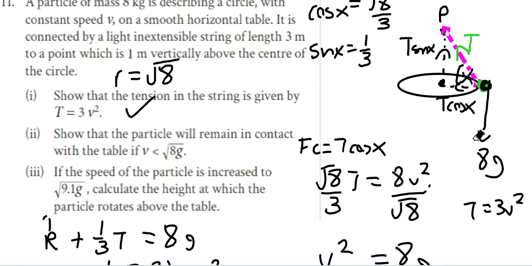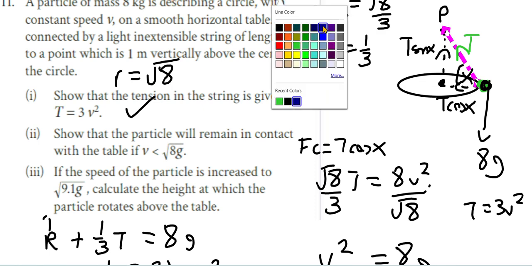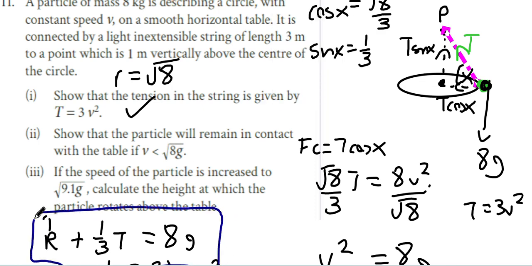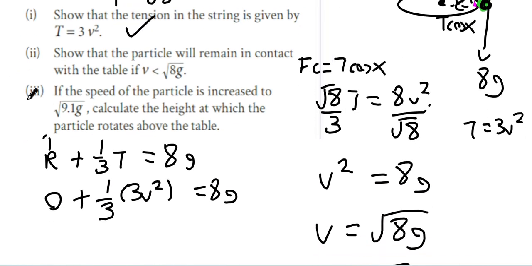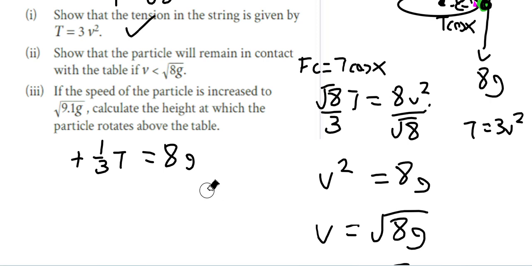We're going to do up versus down. This was the old up versus down, wasn't it? Good work. And what do we say about the R value? Gone. So I'm just going to get rid of that. So just a third T equals 8g.